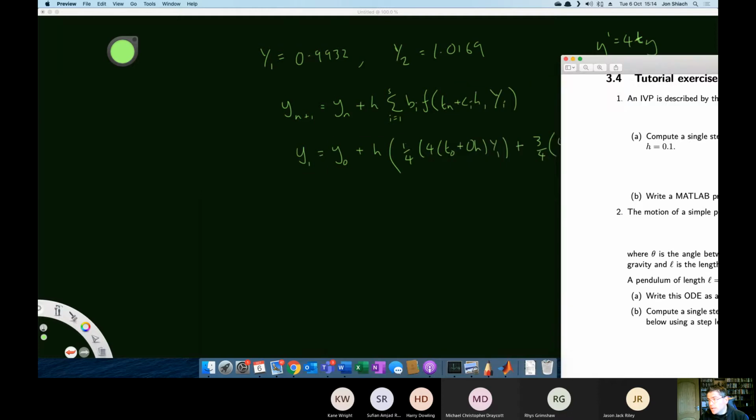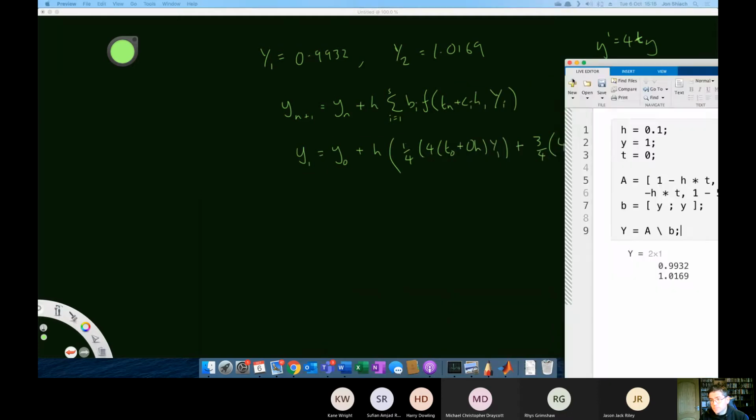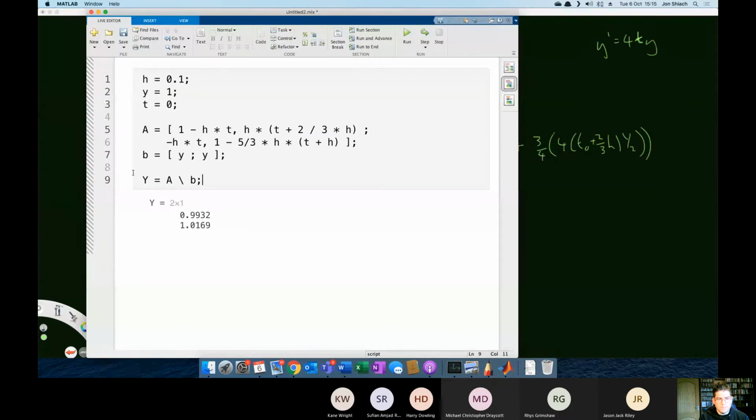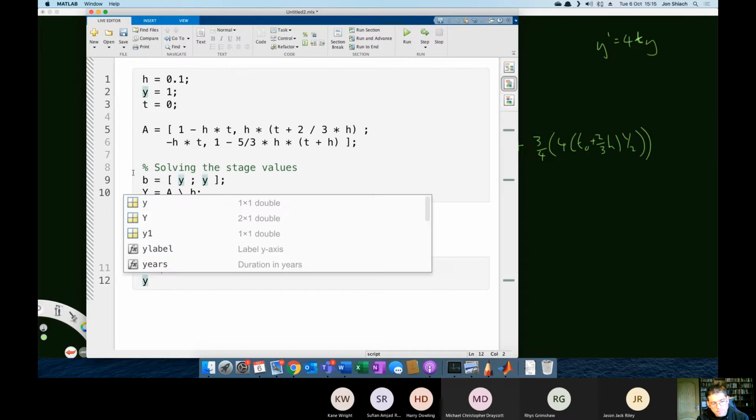Again, I'm going to bring in MATLAB to help us with the calculations here. What we were doing there was solving for the stage values, and now I'm going to update the solution.